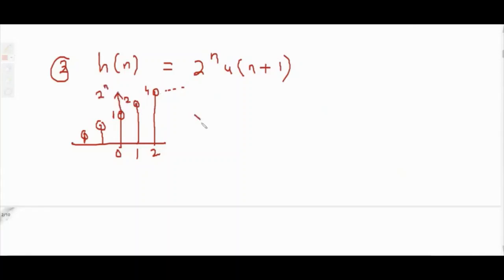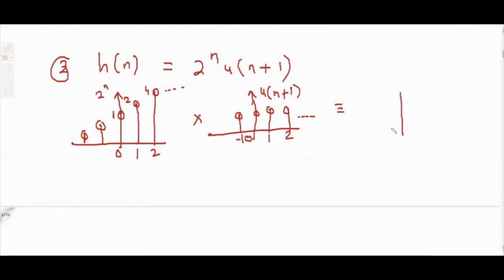It is getting multiplied with u of n plus 1. This is minus 1, 0. This is the graph of u of n plus 1, up to infinity. Okay. So after multiplication, you will get this type of signal.